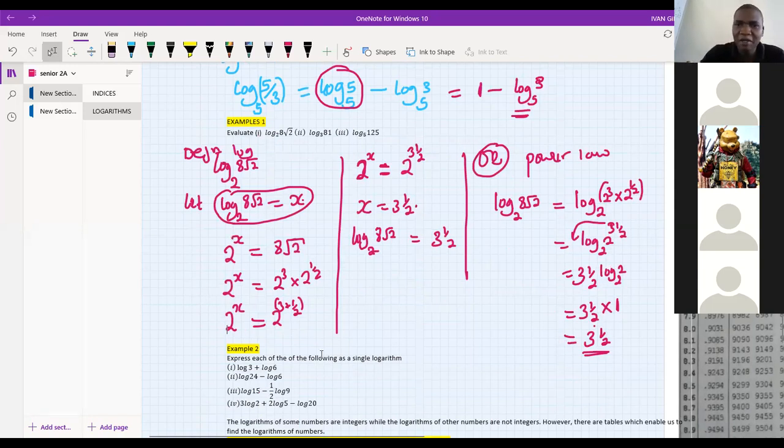Okay, Roman number 2, let me just squeeze it here since it's not going to be very long. Let me squeeze it somewhere here. I don't know why this is not responding.